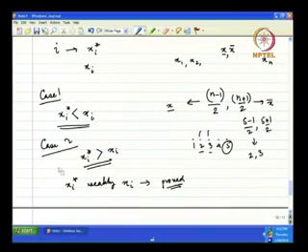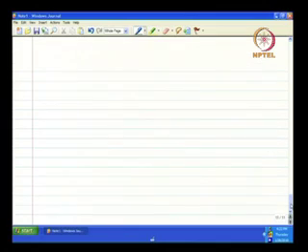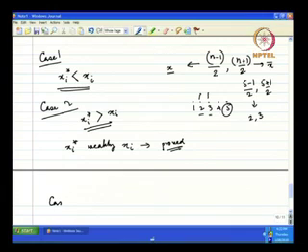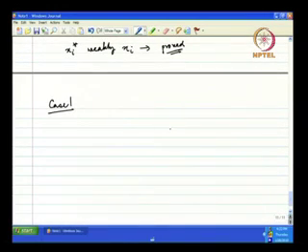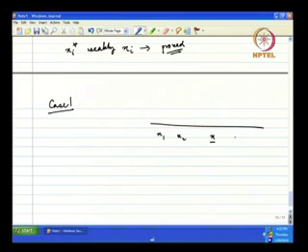Now, let us first take case 1. Remember there are all these x1, x2, etc. Somewhere here there is x under bar, there is some x over bar, and here there is suppose xn. They are in ascending order. So, here is x under bar, here is x over bar.